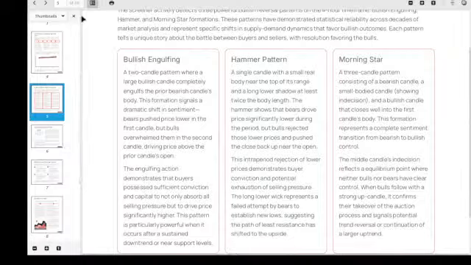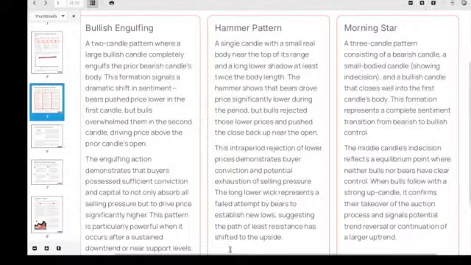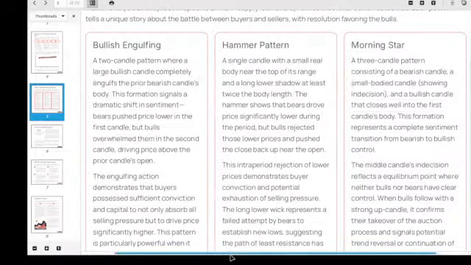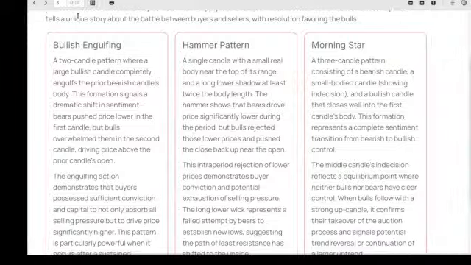So basically, this is what you are looking for. We're looking for these three candlestick patterns.